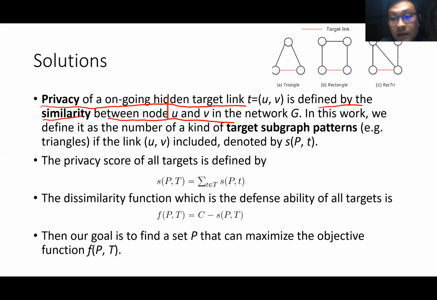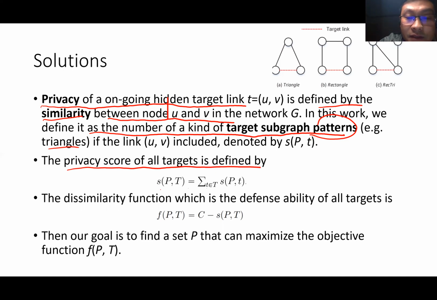In this work, we define it as the number of a kind of target subgraph patterns, such as triangles. The common neighbor-based one is the triangle pattern. Also, we consider other patterns. So the privacy score of all targets is defined by the sum over every target.